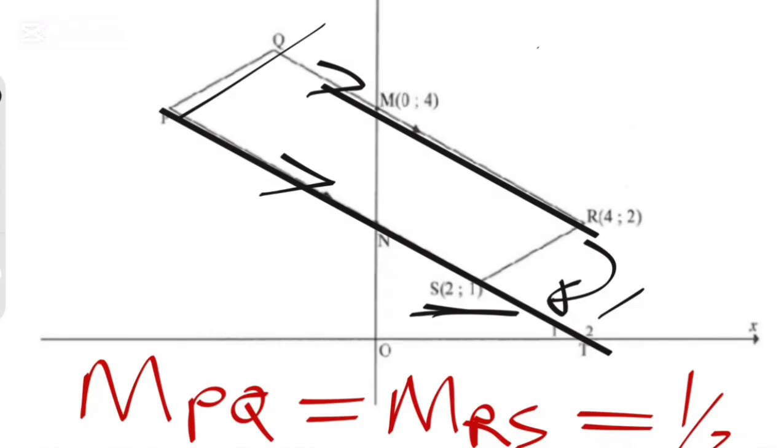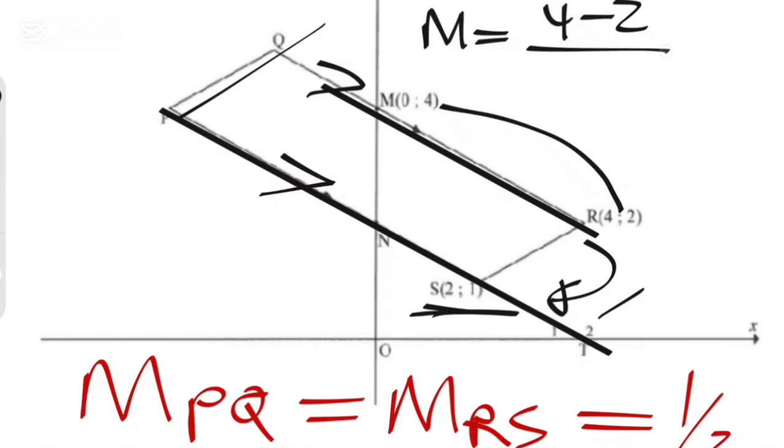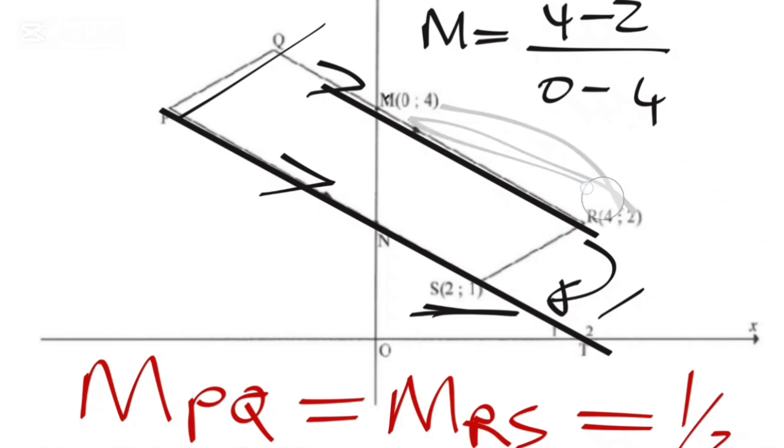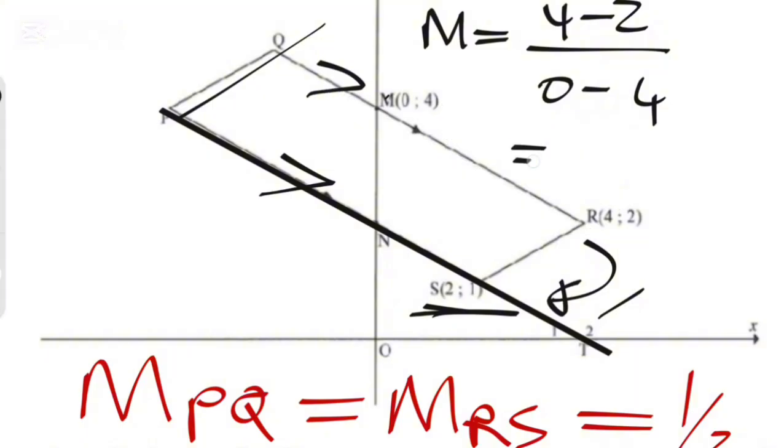Let's try to find the m here, m of RM, which is equal to 4 minus 2 over 0 minus 4. This is the formula for gradient. After getting the gradient, punch in your calculator or solve it. 4 minus 2 is 2.